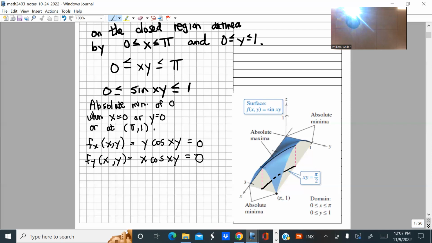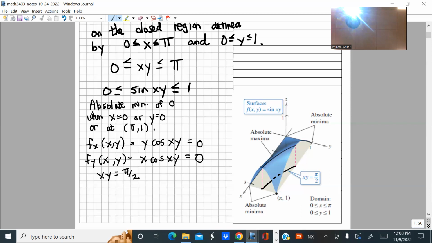When x times y is pi over 2, that's right. So when x times y is pi over 2, you're exactly right, Elijah. This is going to be solutions to this equation, right? Because cosine of pi over 2 is what? 0.